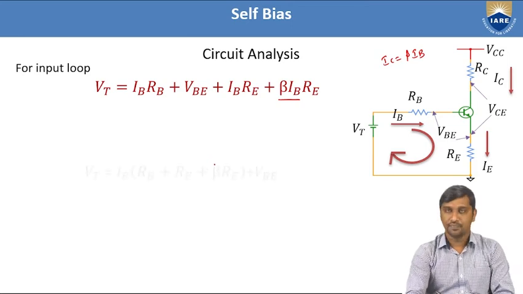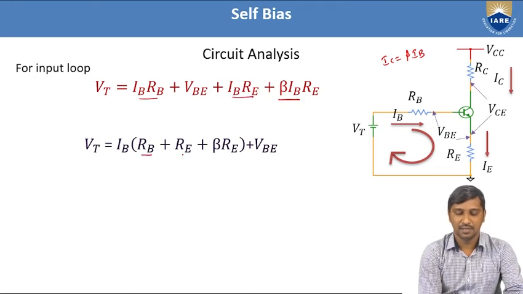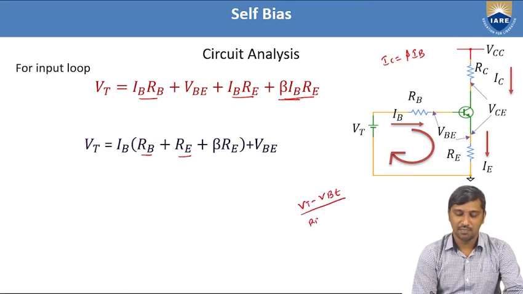So for this, VT is equal to, if IB is common, RB, and from this the RE resistance, and from this term beta times RE, plus VBE. So now we can solve this one: VT minus VBE divided by RB plus RE plus beta times RE is equal to your IB.